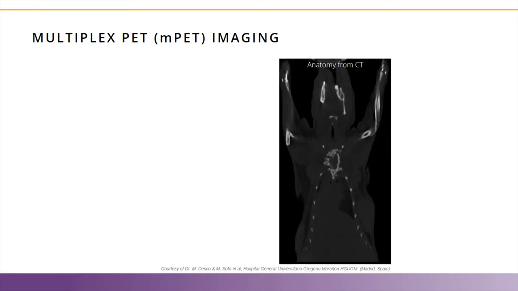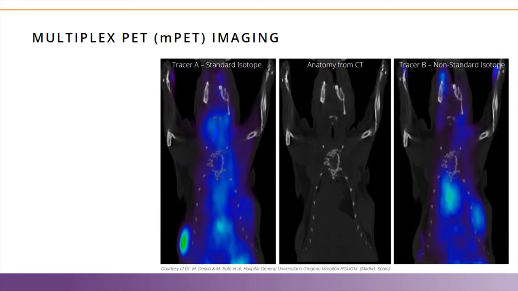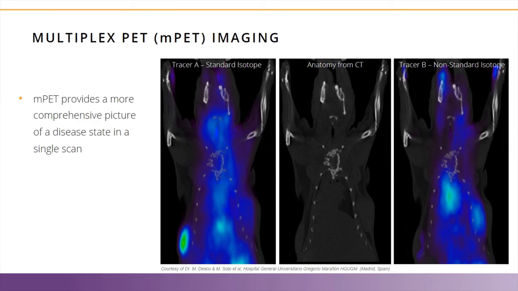If we now inject an animal with 2 different tracers, 1 standard isotope and 1 non-standard isotope, multiplex PET can be achieved in a single acquisition. This option includes the software to separate out these individual signals. In doing multiplex PET, imaging multiple disease processes can be interrogated simultaneously within the same animal.